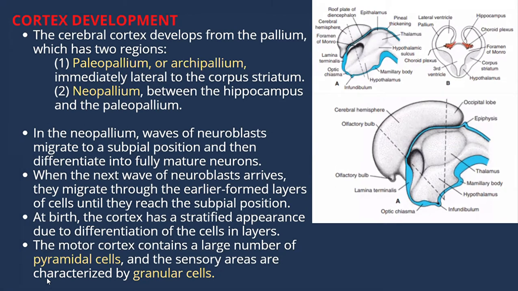In the neopallium, waves of neuroblasts migrate to a subpial position and then differentiate into fully mature neurons. And then at birth, the cortex has a stratified appearance due to differentiation of the cells in the layers. Mostly the motor cortex contains a large number of pyramidal cells, and the sensory areas are characterized by granular cells. Next slide, please.